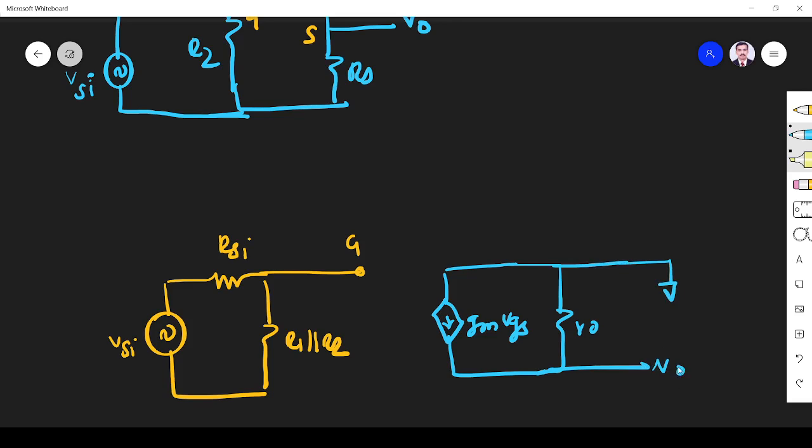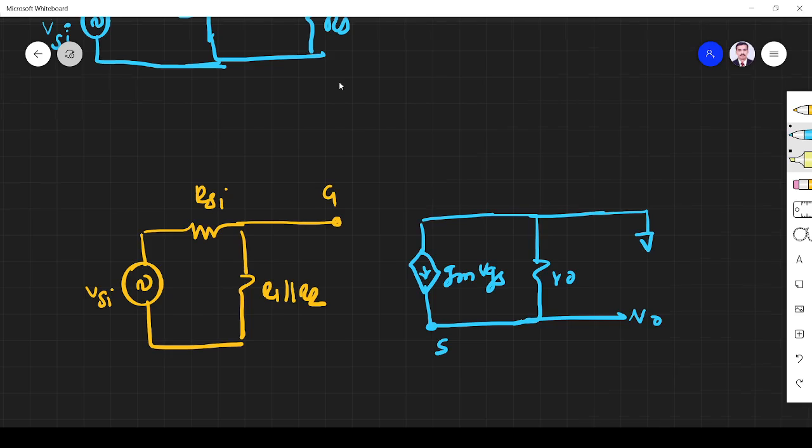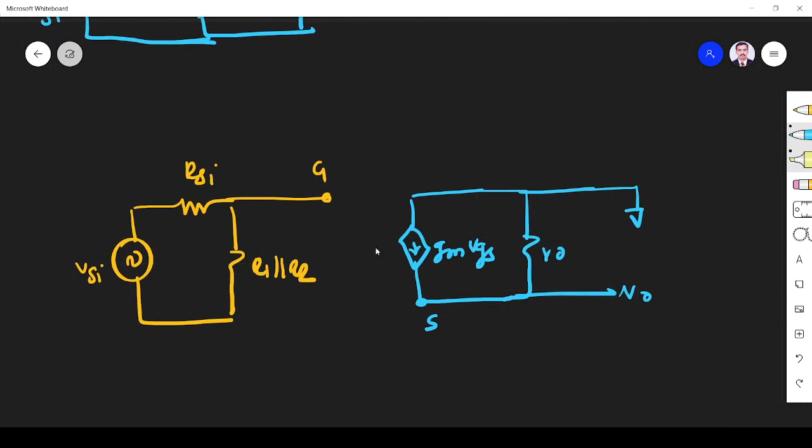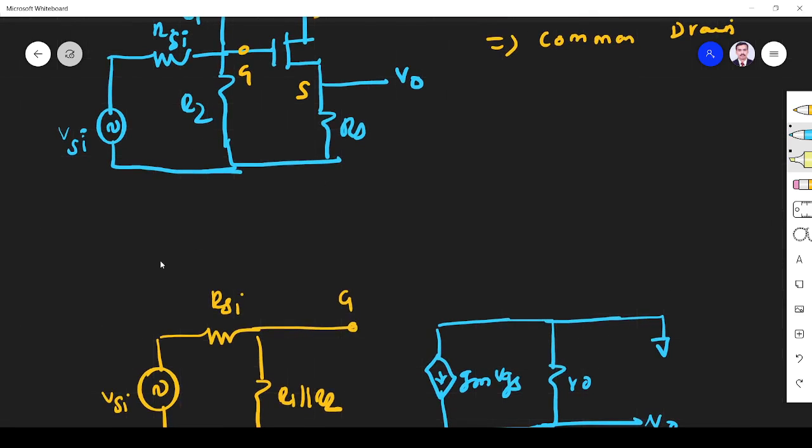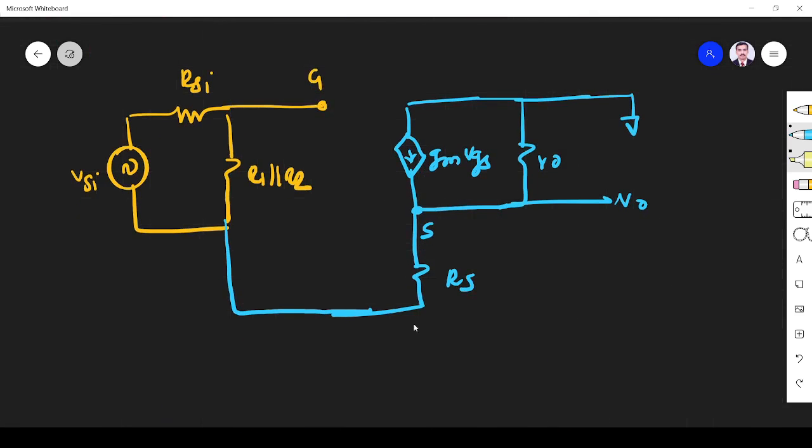Here I take VO across the source, where we have the resistor RS to ground. R1 parallel R2 is also connected to ground, so everything is connected to ground. This is the drain terminal and this is the source terminal.